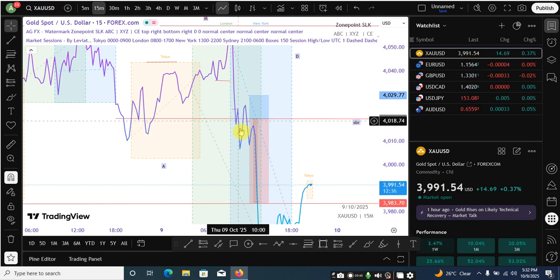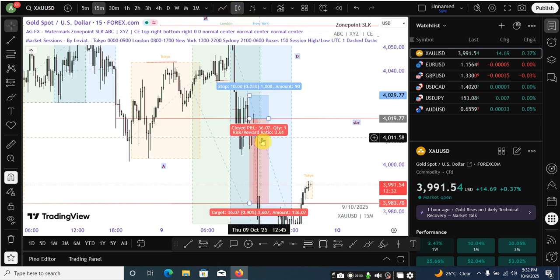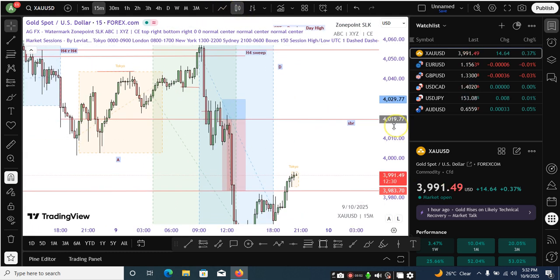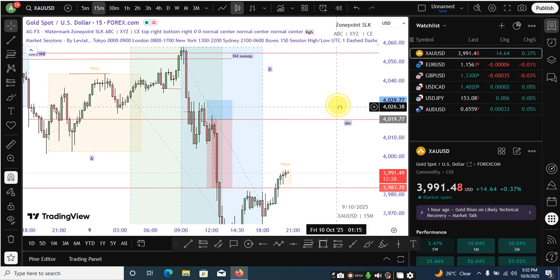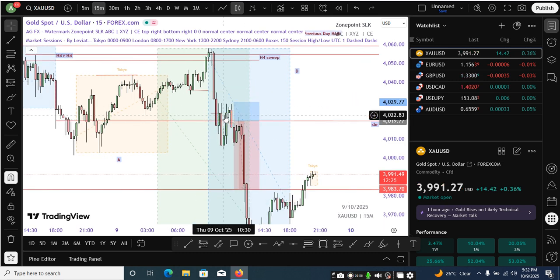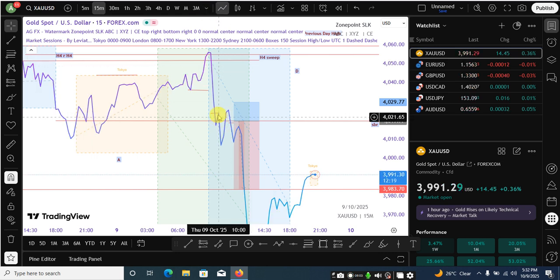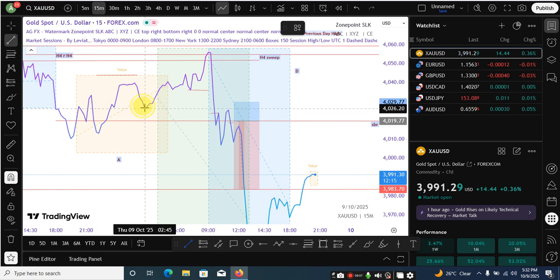So I was expecting price to do what? Take out this inducement. Hope you understand. Taking out this inducement, now on the line chart, price taking out this inducement, I'm going to use this as my key level.